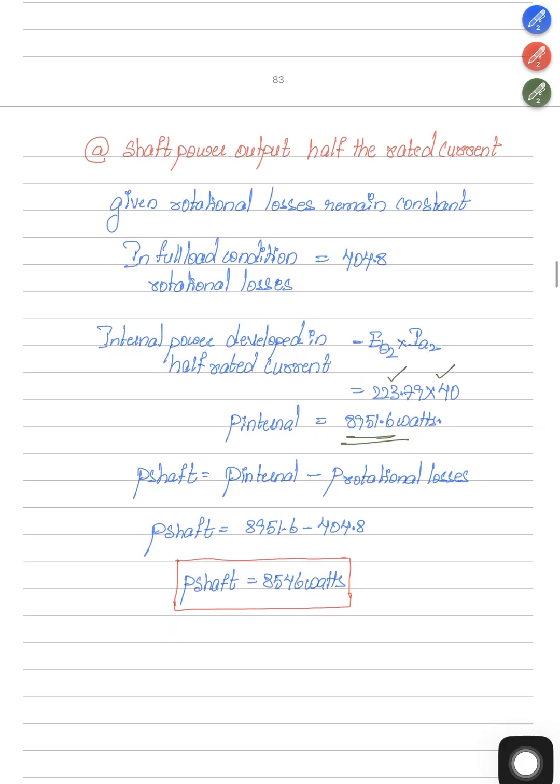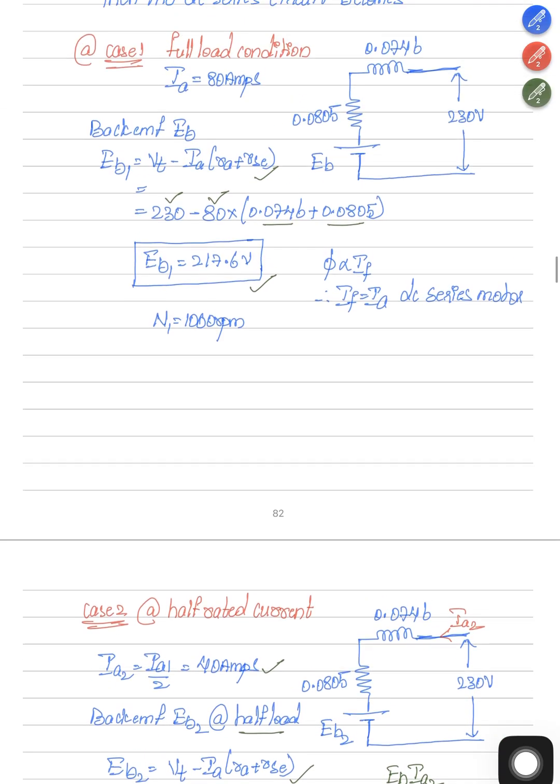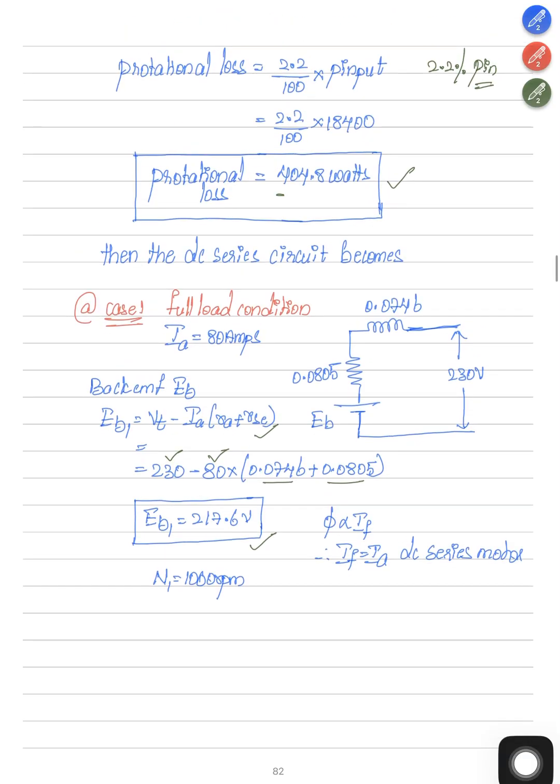We already know the shaft power is nothing but internal power developed minus rotational losses. They already mentioned rotational losses are kept constant under any load. Under any load, meaning under full load or half load, the P rotational losses are constant. Earlier we found the P rotational losses here is 404.8 watts.